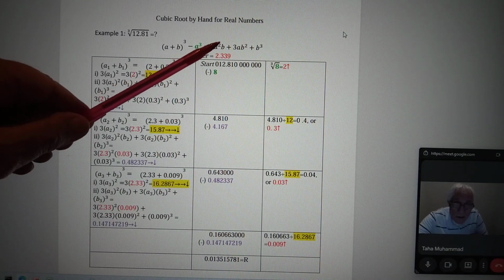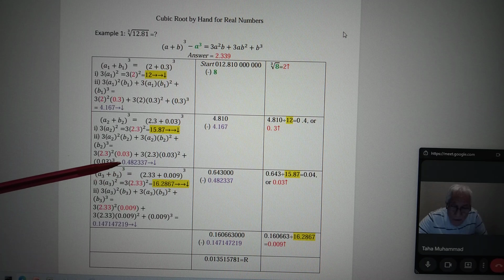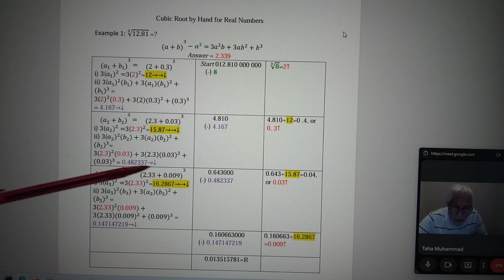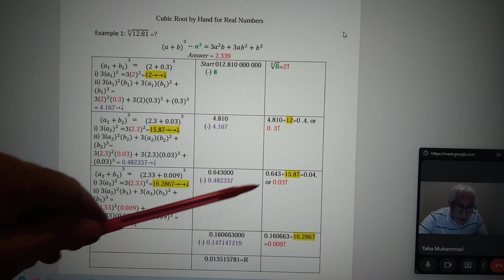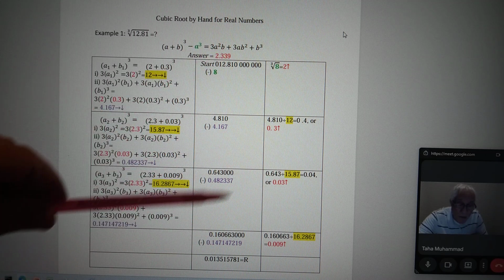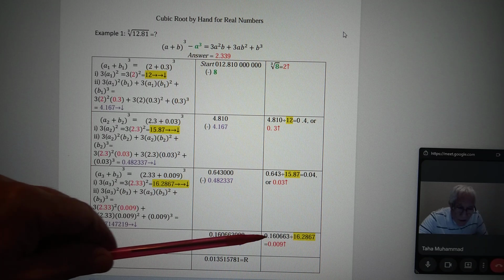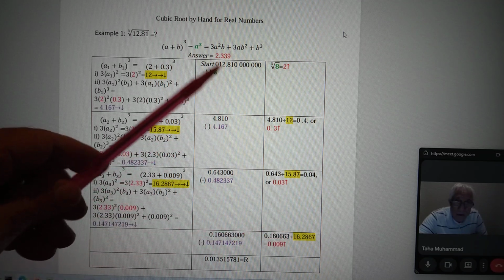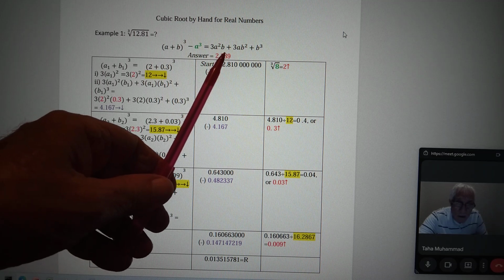Then I will use this part and substitute, which will give you 0.48. Subtract. Okay, and I told you this goes to... Now what shall I do here? This divides by what? Use those 3 digits: 2, 3, 3.